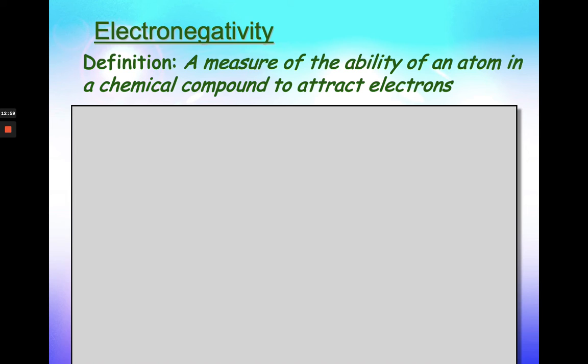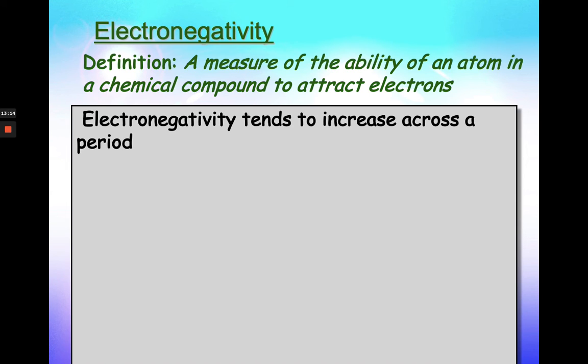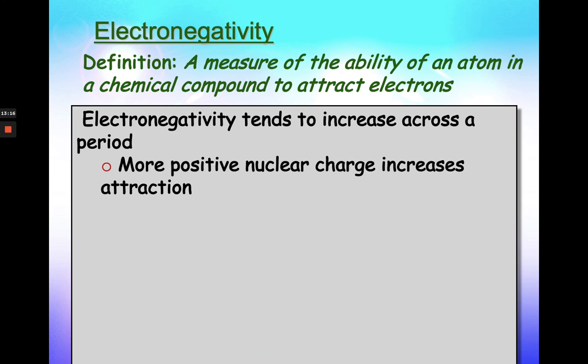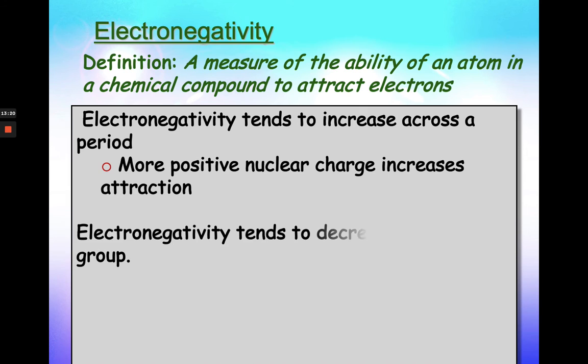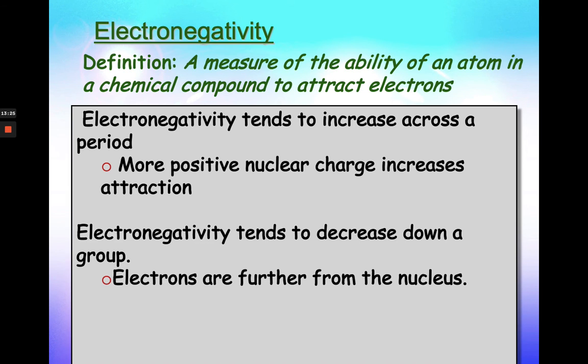And again, you've got to think of the fact that if you have a real positive nucleus or a real small number of energy levels, you're going to be able to attract an electron much more easily to your electron cloud using your nucleus. So the trend is electronegativity tends to increase across a period because the more positive nuclear charge increases the attraction, and electronegativity tends to decrease down a group because they're further out from the nucleus.